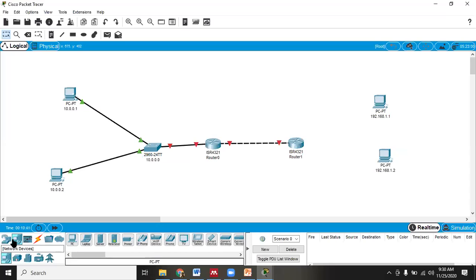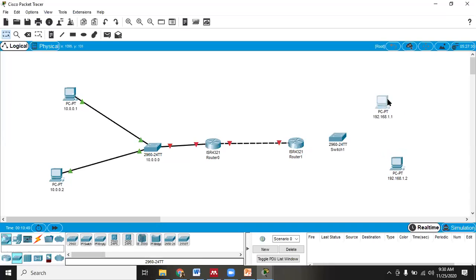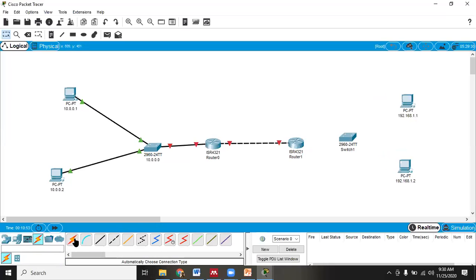Here also, since we are connecting more than 2 devices, I'm using a switch on the other side also, so that we can connect more devices, right? And we can simply connect this switch, and hub and switch do not require any configuration. You have seen that in all the practicals, right?